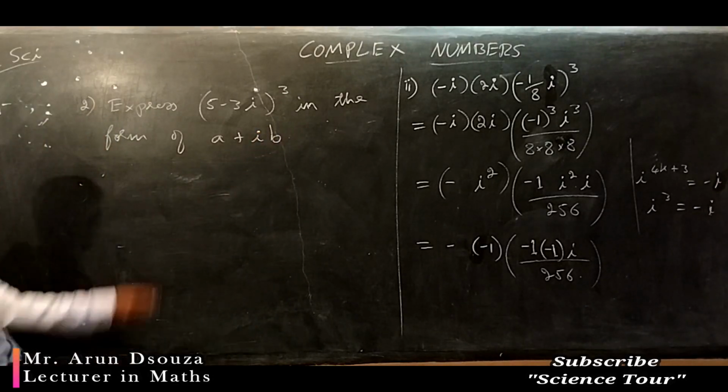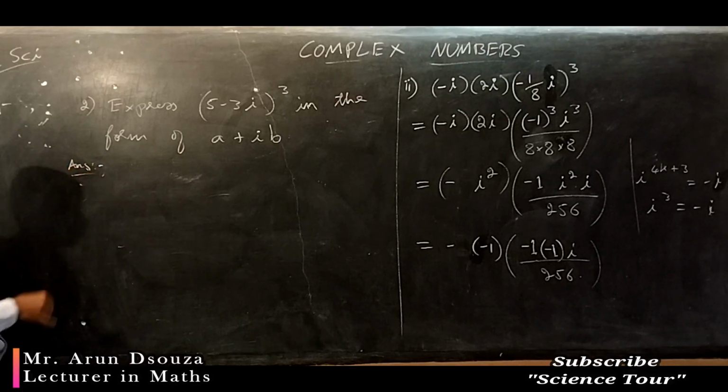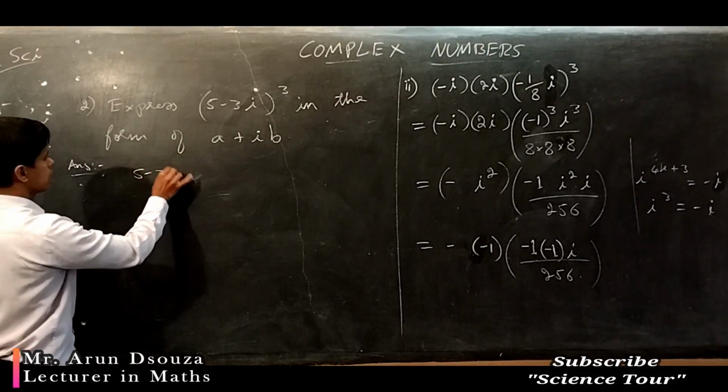Well, so let us begin with 5 minus 3i whole cube.